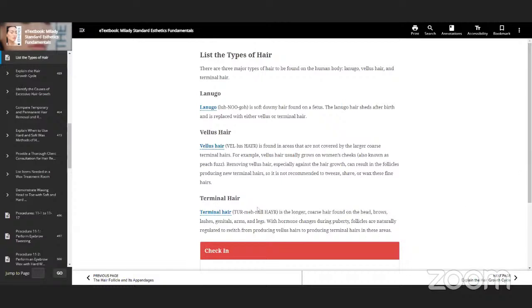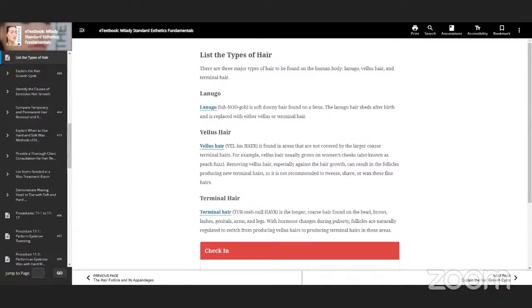Let's look at terminal hair. It's longer, coarse hair found on the head, the brows, the lashes, the genitals, arms, and legs. Okay, and so this is terminal hair. All of these could be hair removal services we can provide.